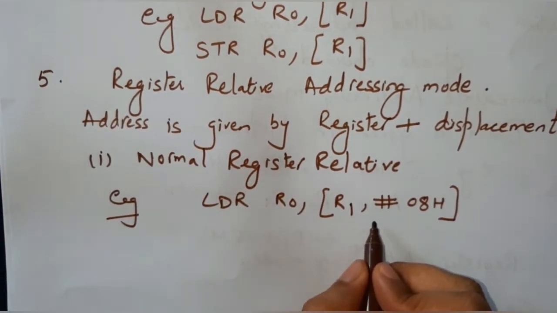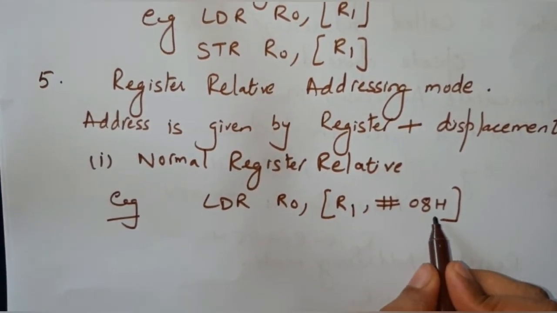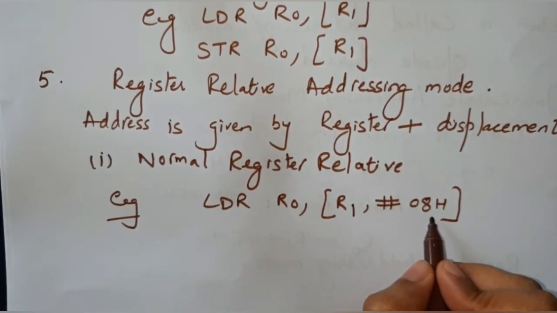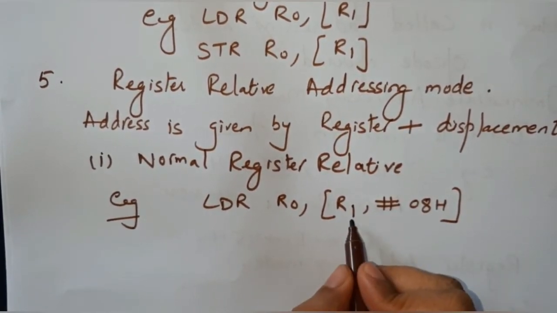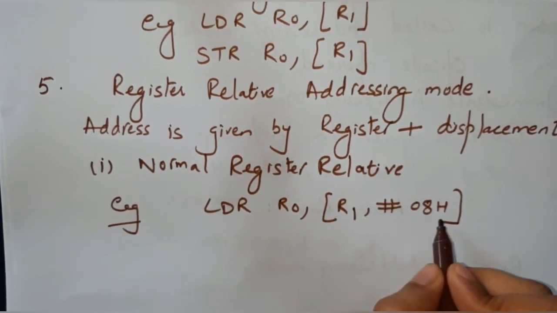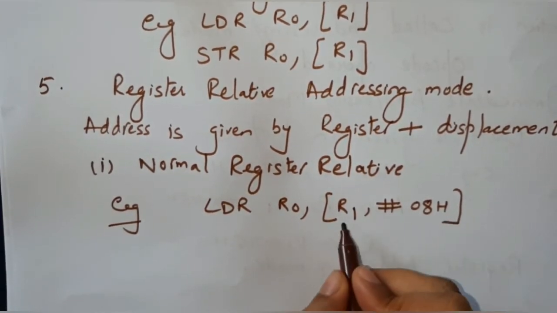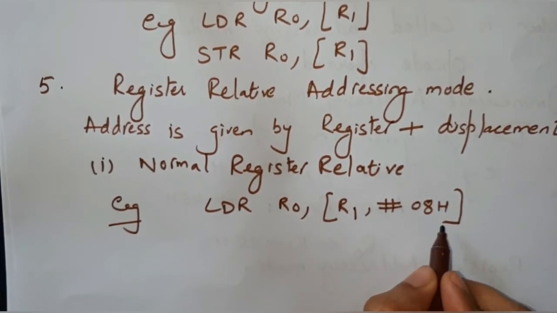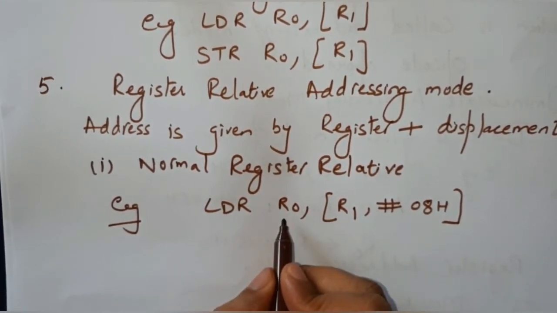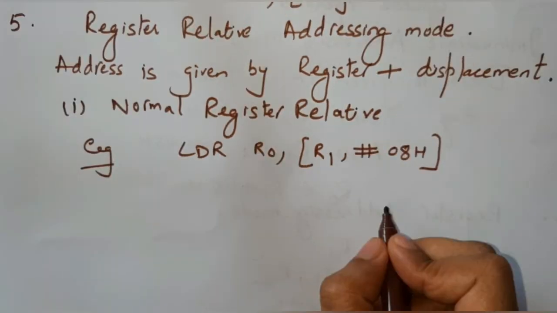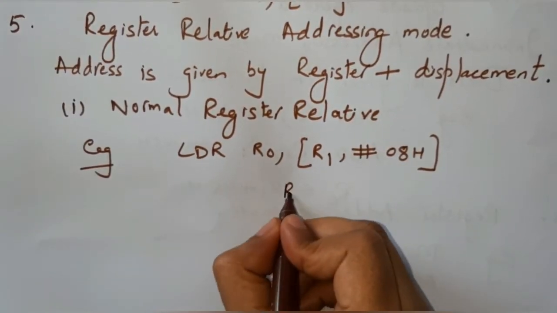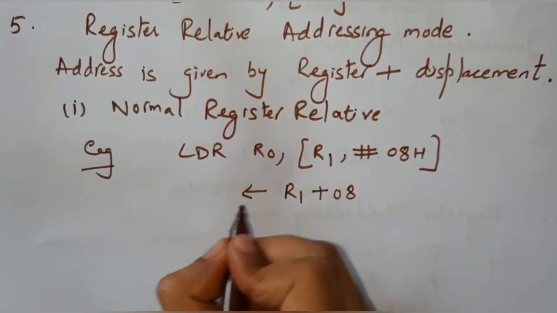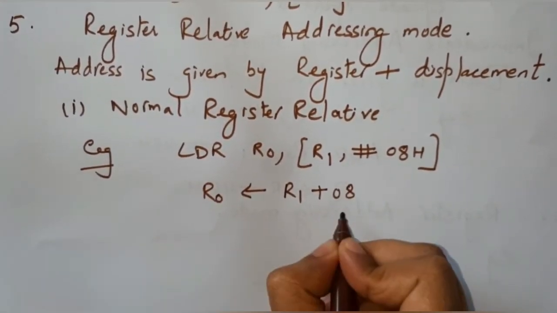In this example, 08 is the displacement value. So the memory location in register R1 will be added to the value 08, and the content of the resultant location will be moved to the register R0.